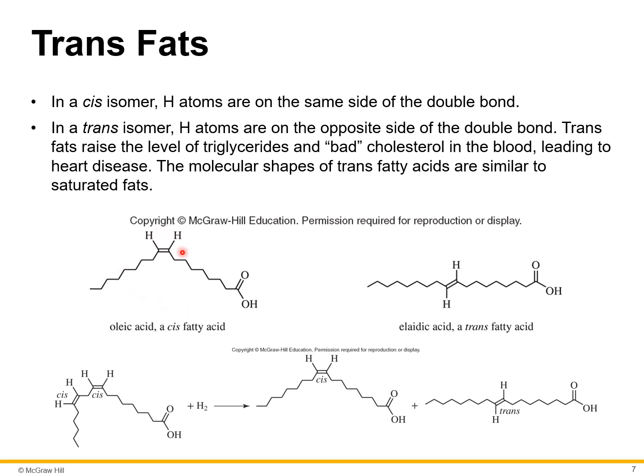So again, these can be broken down easier by the enzymes in your body. In terms of trans fats versus cis versus saturated versus unsaturated, we'll move on to carbohydrates next.